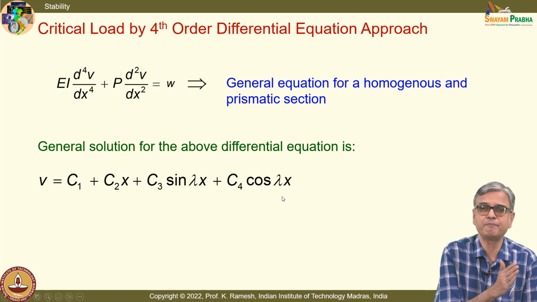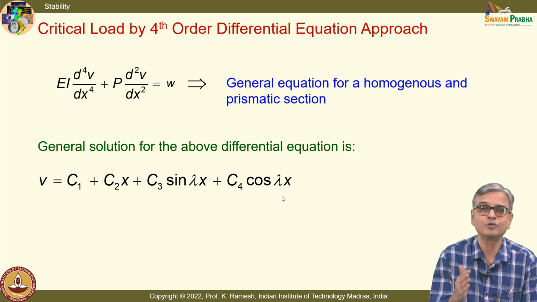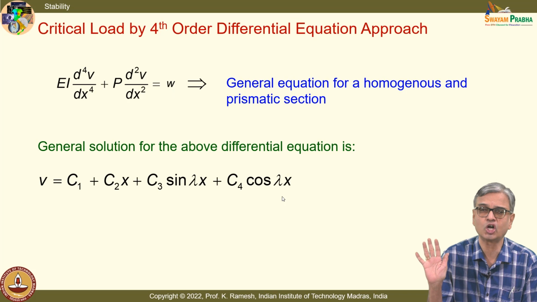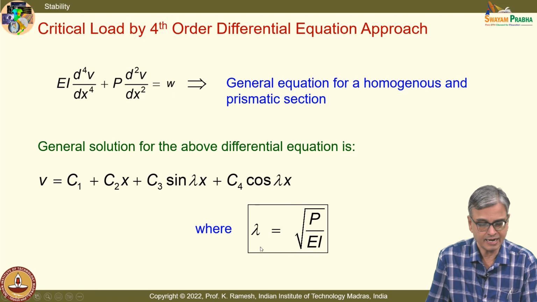And you have multiple boundary conditions. So, when you supply the boundary conditions, you are in a position to evaluate the constants C1, C2, C3 and C4, and you are in a position to solve this as an eigenvalue, eigenvector problem. And we also have simplified lambda, and lambda is nothing but square root of P by EI.